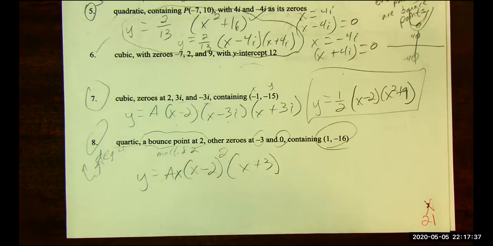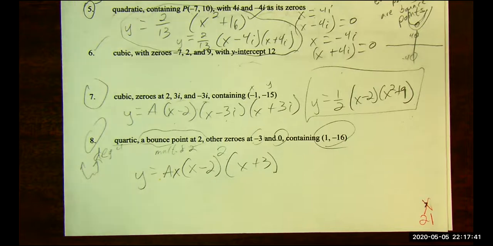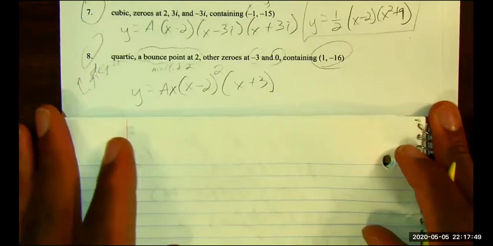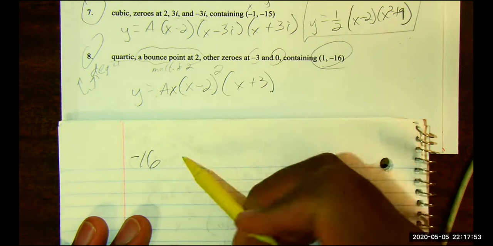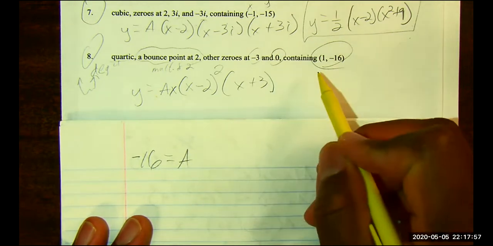So now we're going to use the ace up your sleeve method to figure out what a needs to be to force it through that coordinate. See, it's so simple, right? Every x is 1.